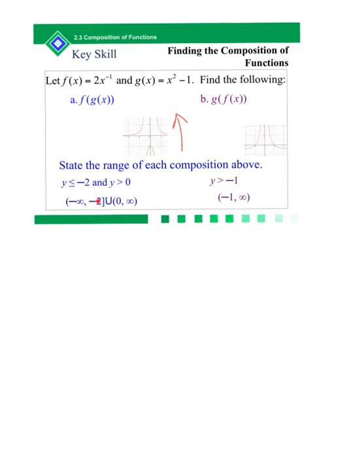When we are looking for the range, we always start from the bottom, so -infinity to -2, and -2 is included, and then it starts again from 0 to infinity. Best way to look at the range is to look at the graph and see the next one. To find the range, you can see y is any value greater than -1, so from -1 to infinity.